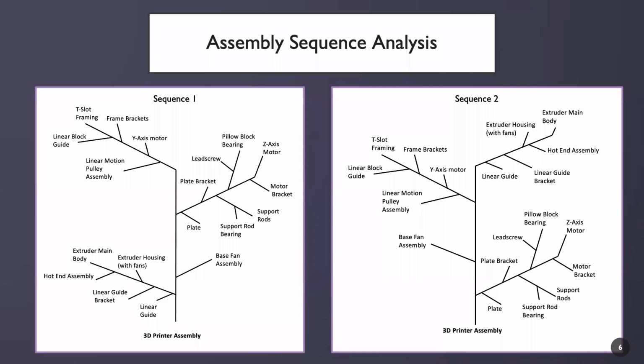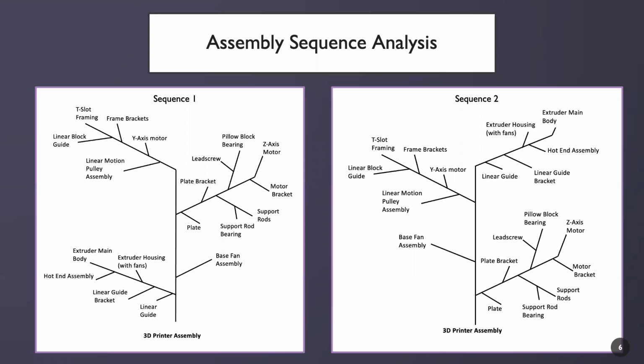For the assembly sequence analysis, we made two different sequences. The one on the left, sequence 1, starts by assembling the framing, so the biggest component first. Then it does the inner component, which is the plate and the mechanism to actuate those axes, followed by the base fan assembly, and then the most complicated and smallest components, the extruders.